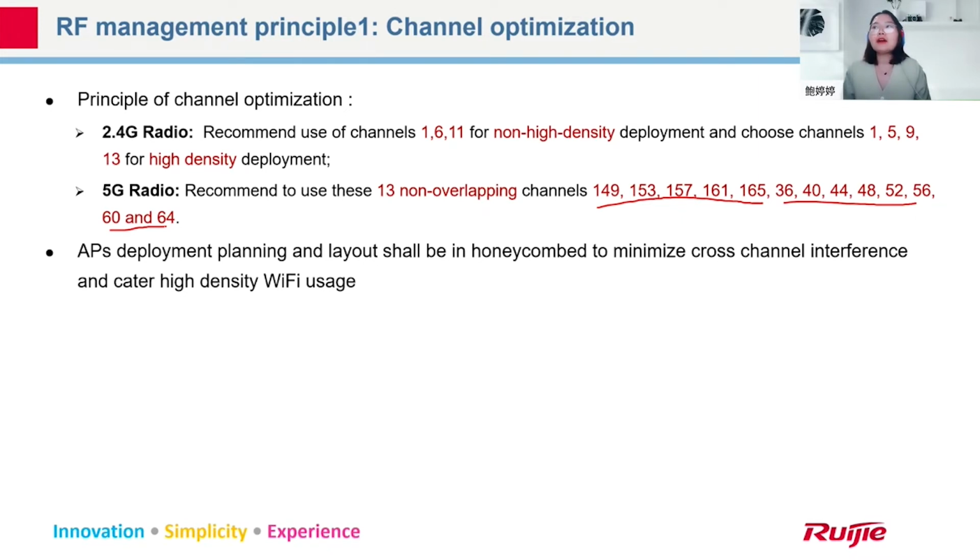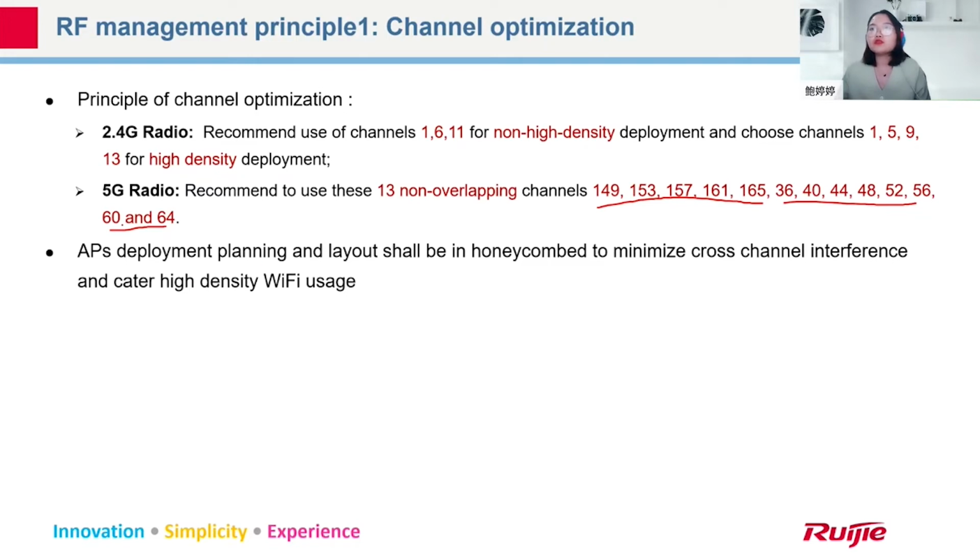So if you have 2 radios of 5G, then we suggest to use 5.1 and 5.8. Okay, about the 5G, we only use 5.1 and 5.8 for the normal radio AP devices.